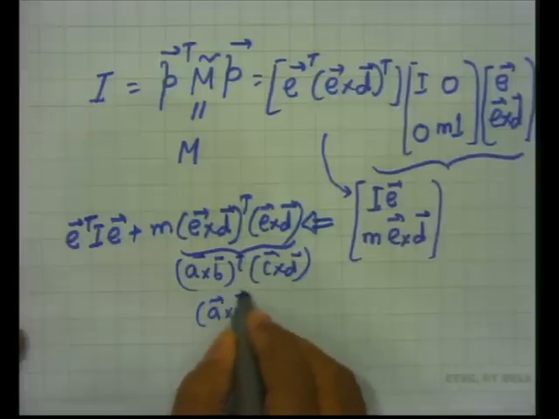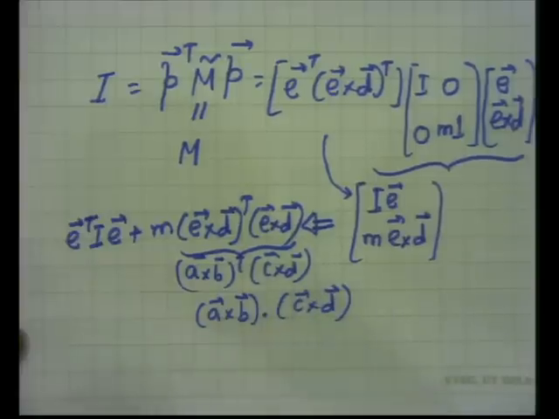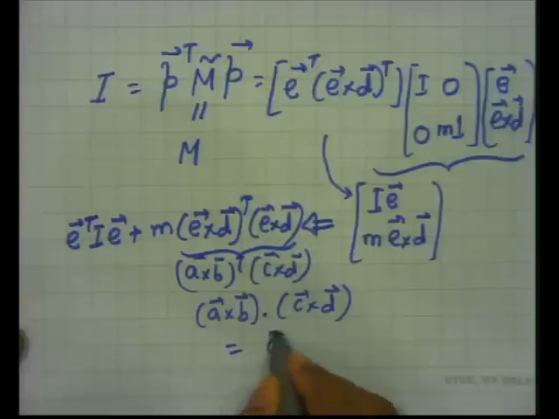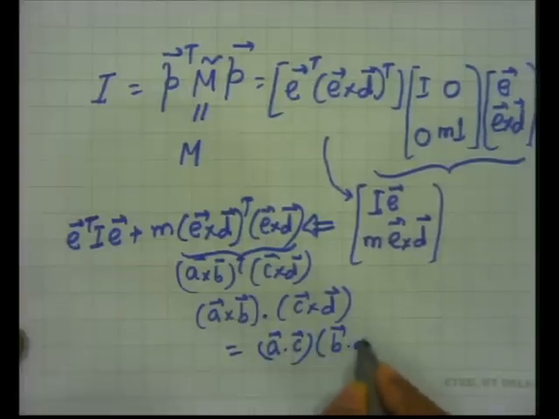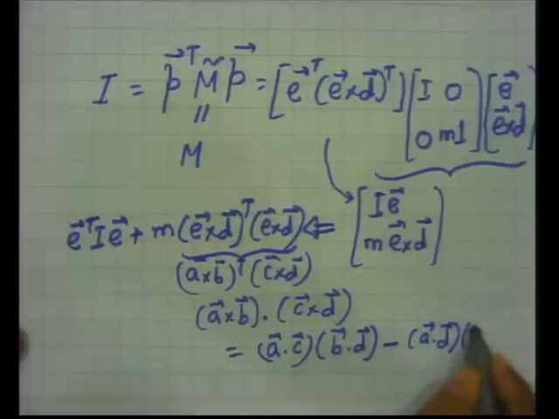So, A cross B dot C cross D. If you go back to your first year algebra course, this can be written in a simplified form as A dot C into B dot D minus A dot D into B dot C.